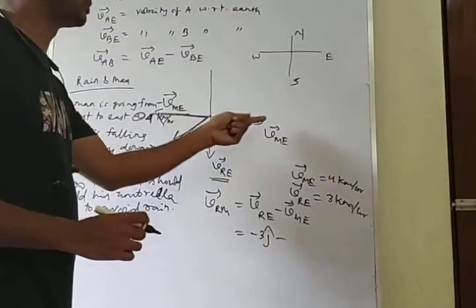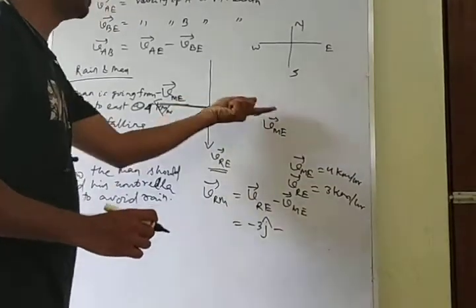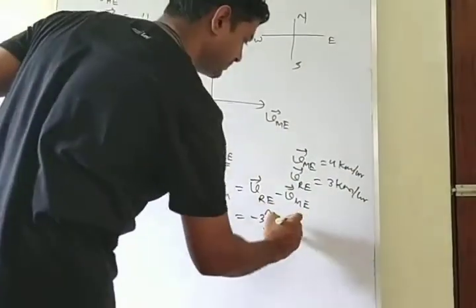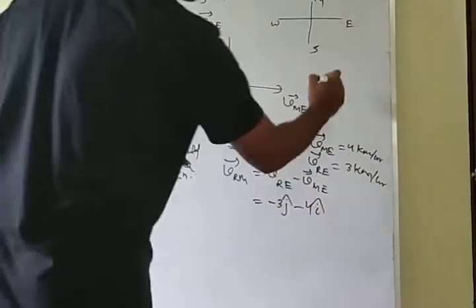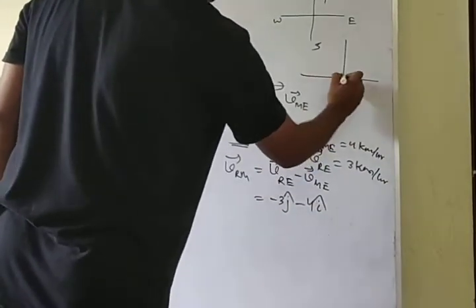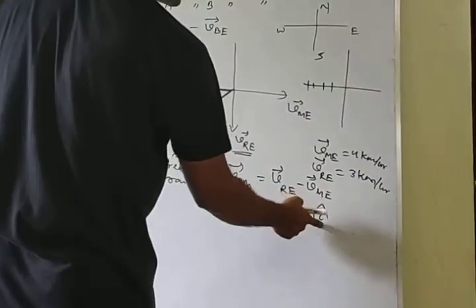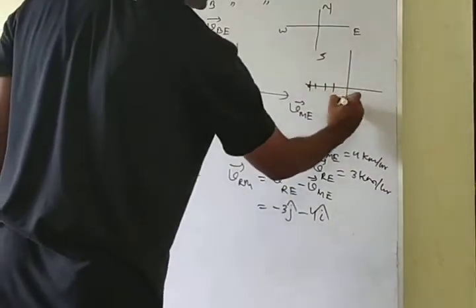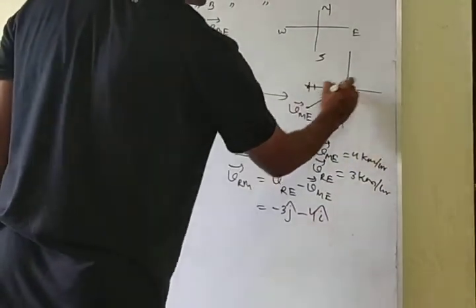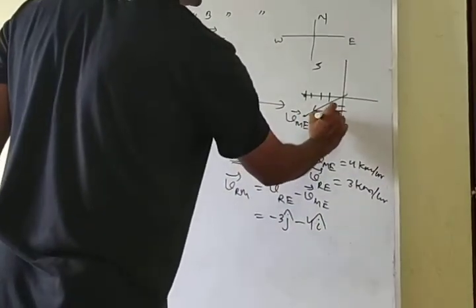It is 4 km per hour towards east. So let's say this is 4 i cap. So minus 3 j cap minus 4 i cap. Sorry, minus 4 i cap: 1, 2, 3, 4 along the negative x-axis, and minus 3 j cap: 1, 2, 3. So this will be my velocity of rain with respect to man according to vector.